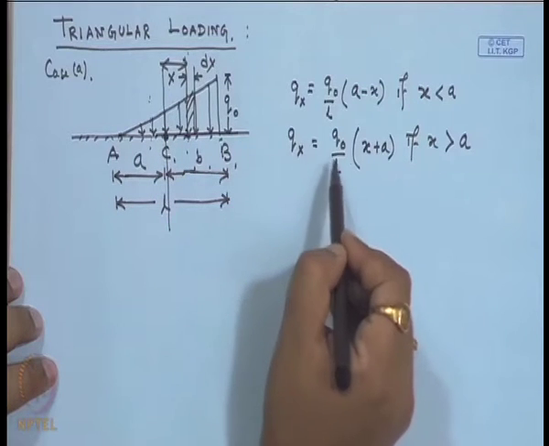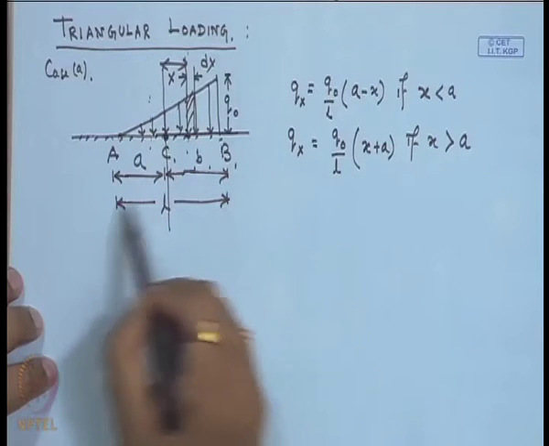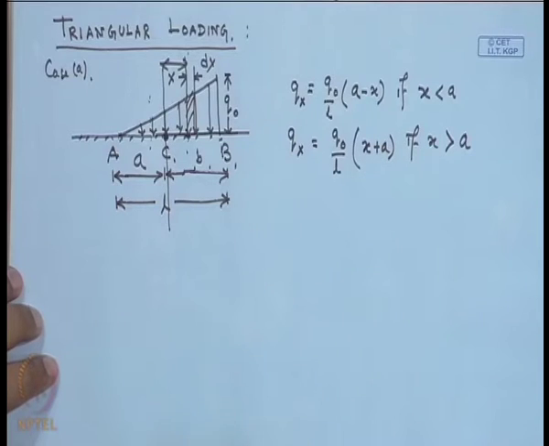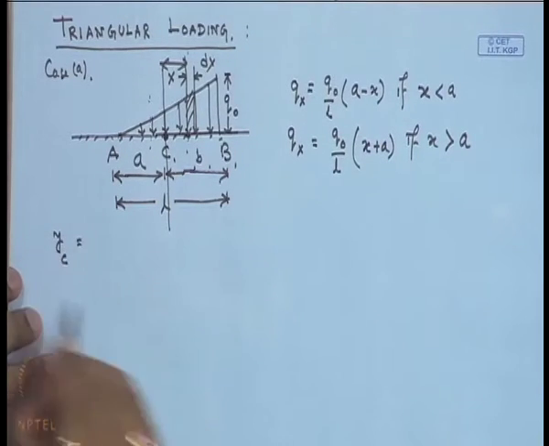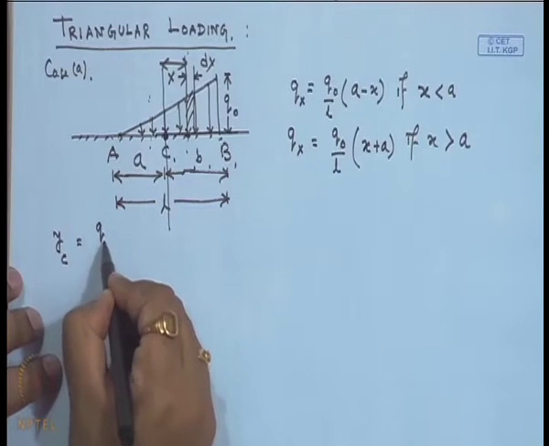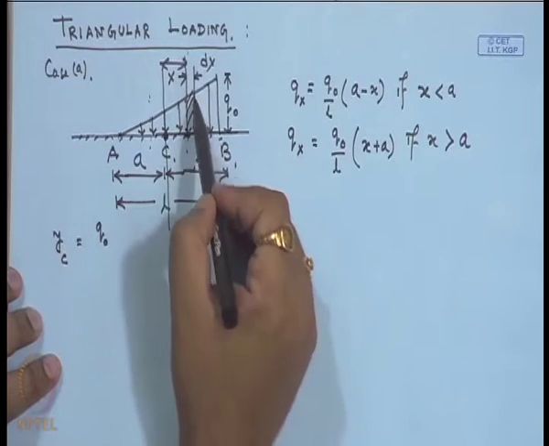So, q x will be q 0 divided by L, L is the total length, into x plus A.